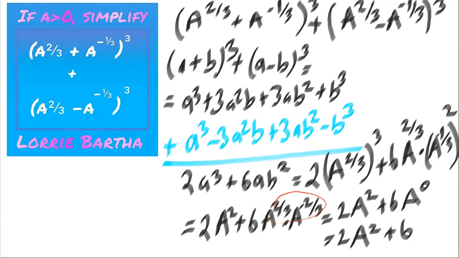And if bases are the same and there is multiplication, we add the powers, which gives us 0. So this is 6a power 0, and 0 power is always equal to 1. So this is just 1. So 2a squared plus 6 is the simplest form of this expression.